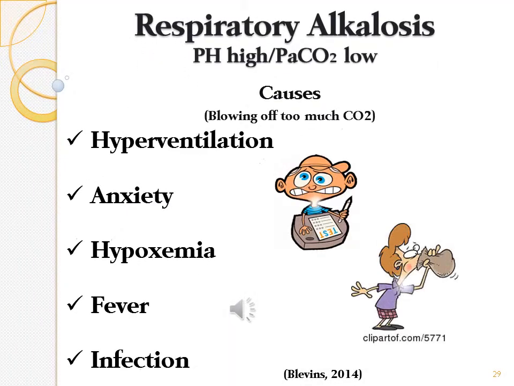With respiratory alkalosis, your pH is high, your PaCO2 is low, and this is caused by blowing off too much CO2. It can be caused by hyperventilation, anxiety, hypoxemia, fever, or infection.